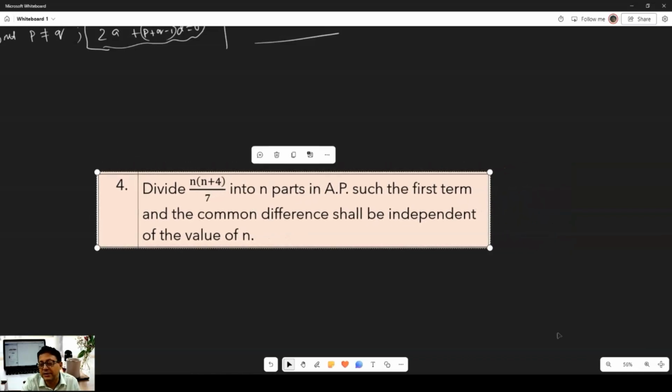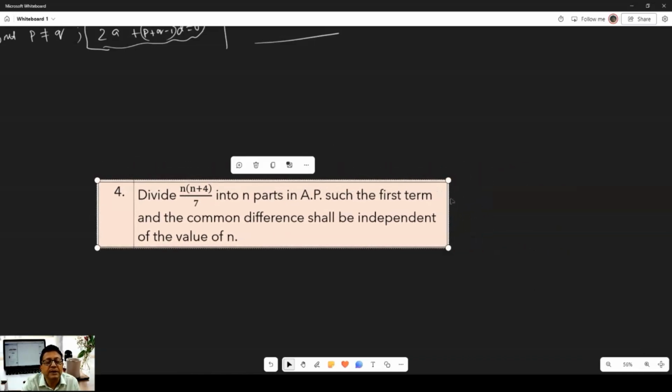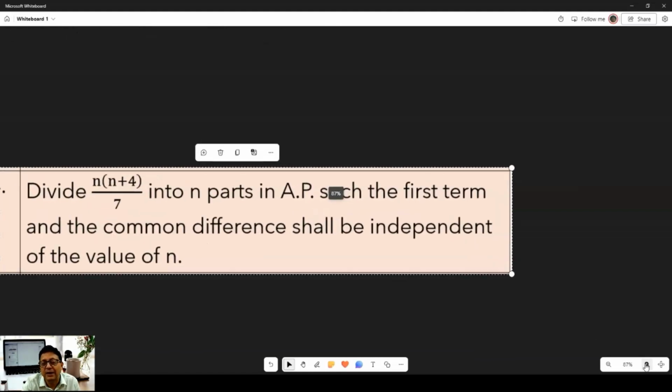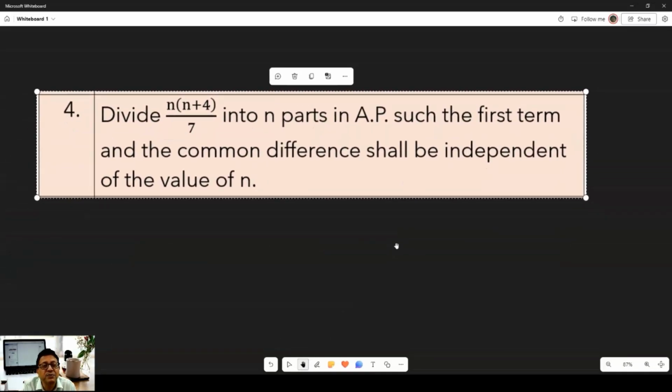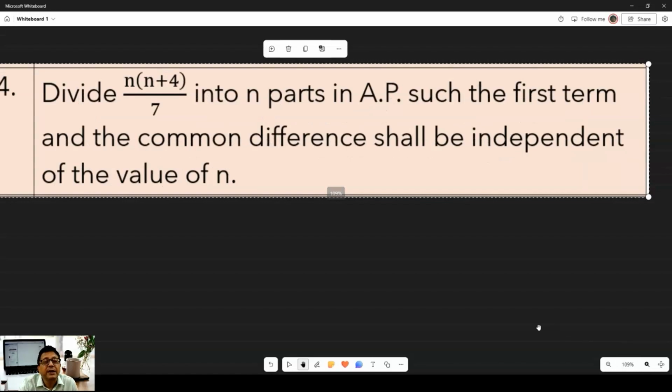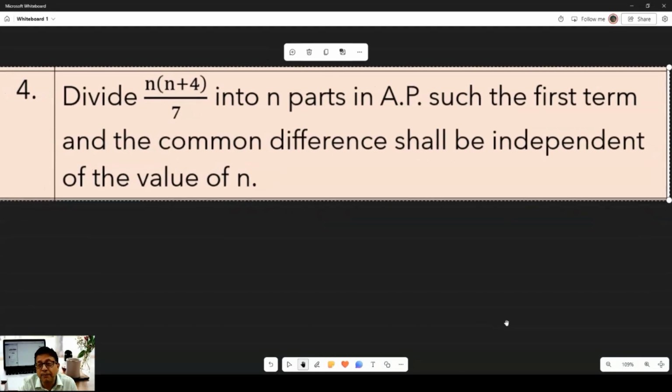The question is this: divide n into (n plus 4) by 7 in AP into n parts in AP such that first term and common difference shall be independent of the value of n. Obviously, n is going to be an integer for this problem. You should agree.